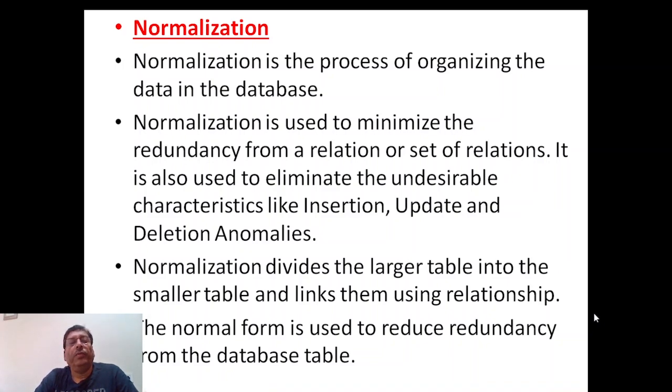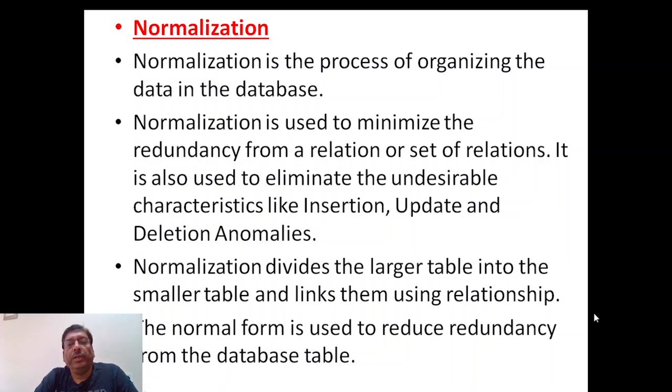So we need to make use of the concept of normalization whenever we go for designing of a database. We design a database by making use of ER diagrams and then transforming the entities in the ER diagram into various tables in the database.